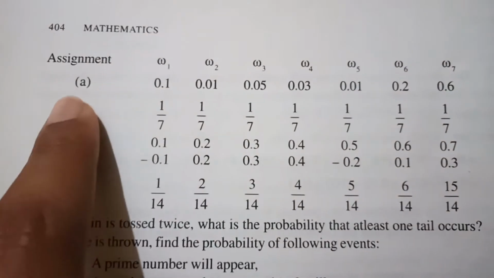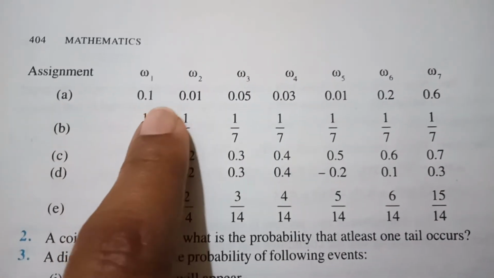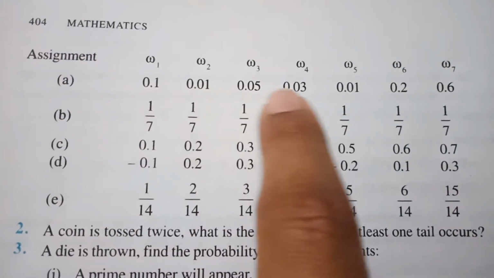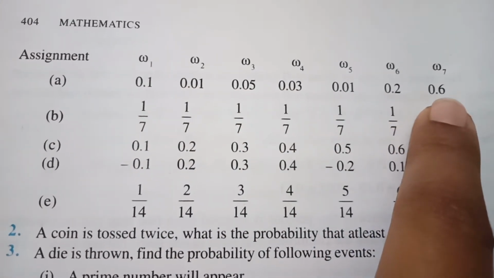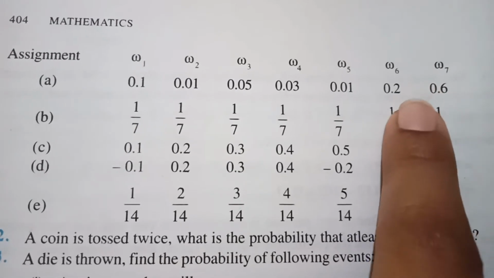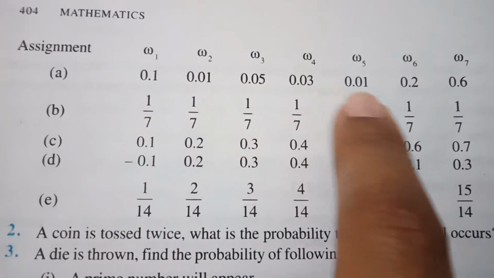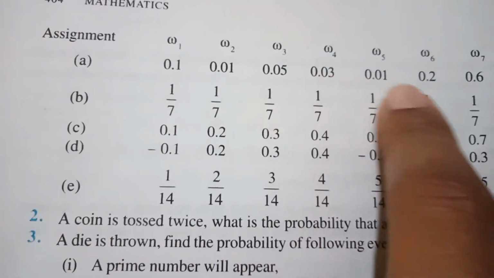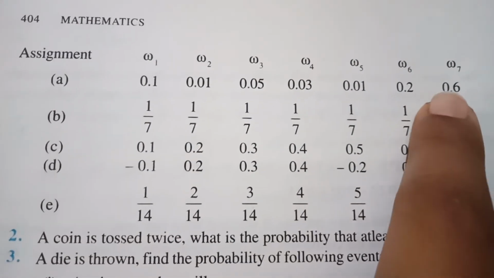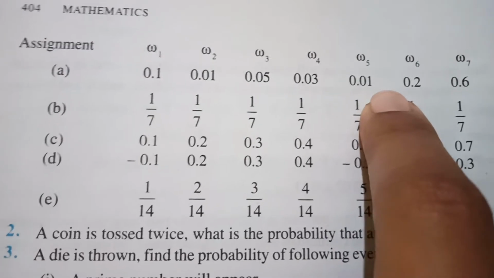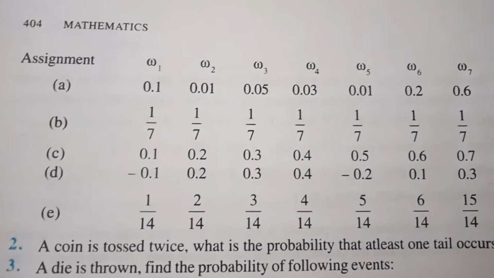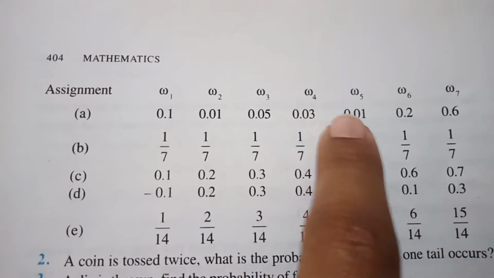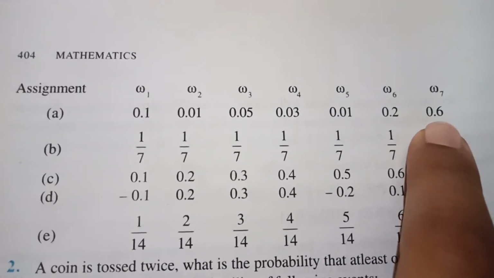Now look at the first assignment. First we will look at whether these are greater than 0 and less than or equal to 1 or not. There are no negative numbers and all are less than or equal to 1. That means the first condition is satisfied. For the second condition, we will add this plus this plus this plus this plus this plus this plus this.